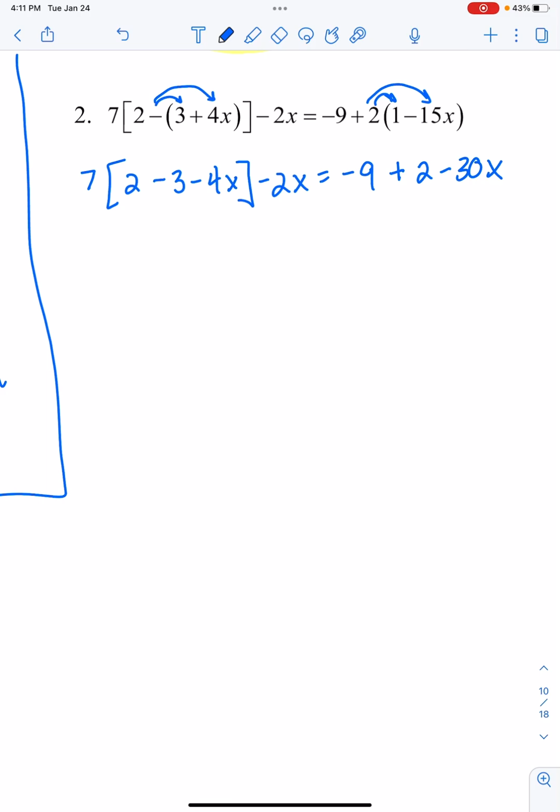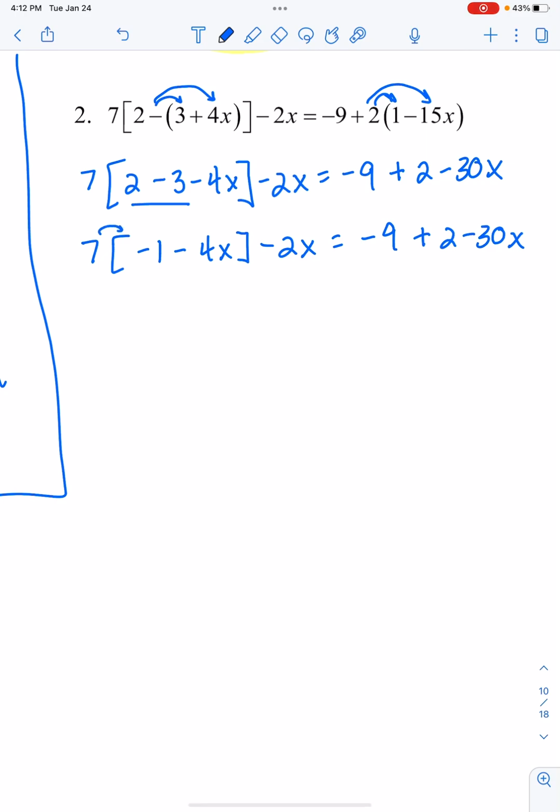Now I'm going to combine inside my bracket, so I get 7 bracket negative 1 minus 4x, still close the bracket, minus 2x equals negative 9 plus 2 minus 30x.